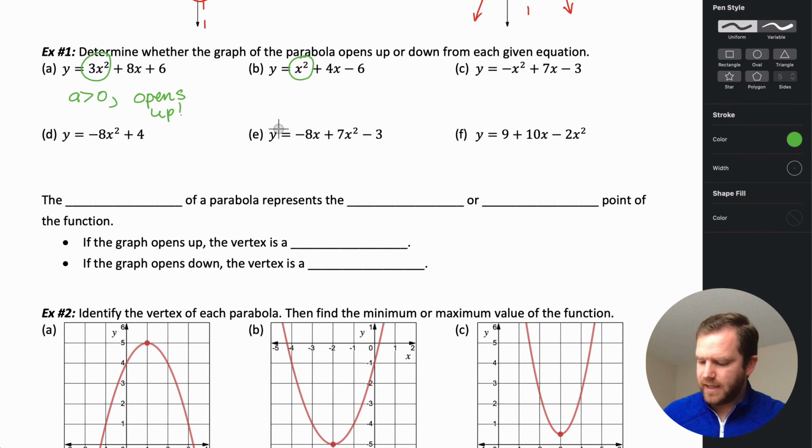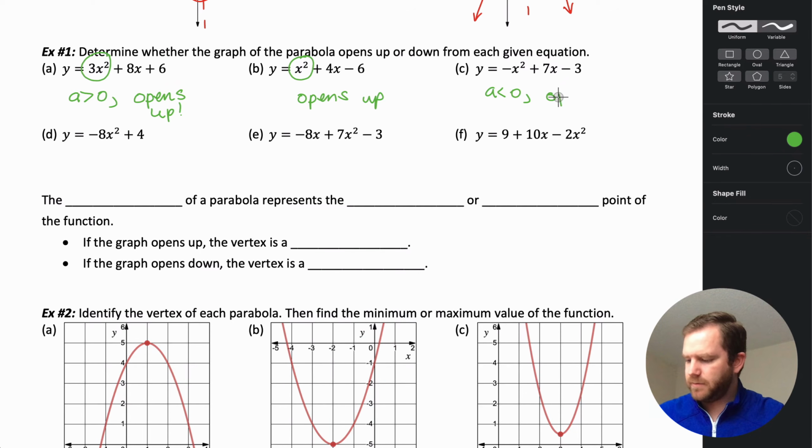Again, here's a. It's positive, so it again opens up. In this case, a is right here. a is going to be -1, so a is less than 0, which means the graph is going to open down. Now, this one doesn't look like ax squared plus bx plus c.